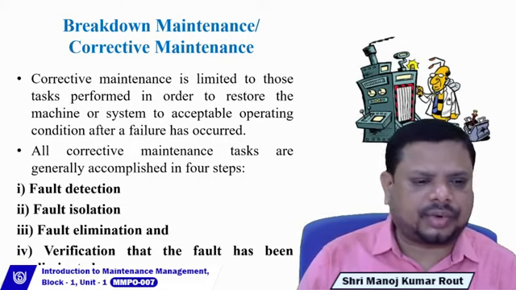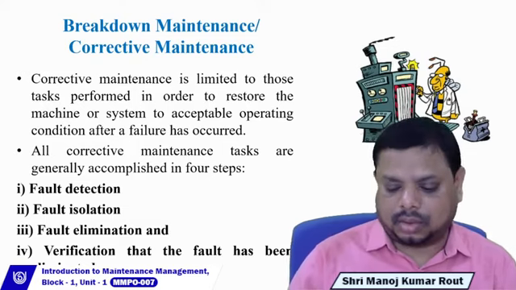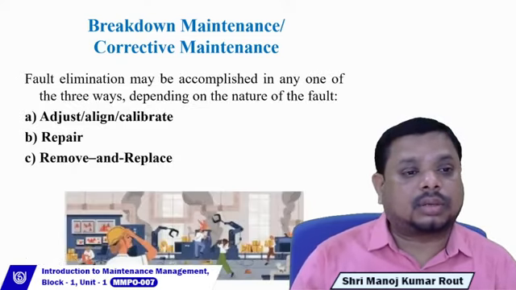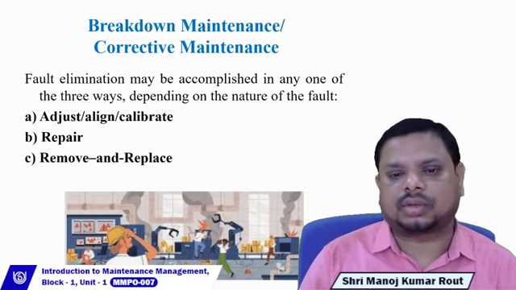So first you have to take the corrective maintenance tasks: fault detection. I'm just repeating. The next one is fault isolation. Next we have fault elimination and the verification that the fault has been eliminated from the system. Moving to the next one. Fault elimination may be accomplished in any one of three ways, depending on the nature of the faults.